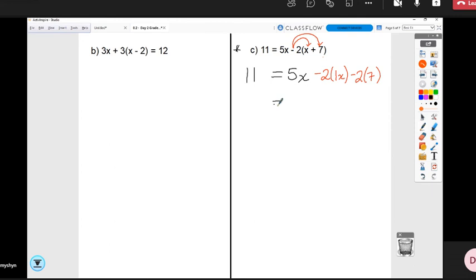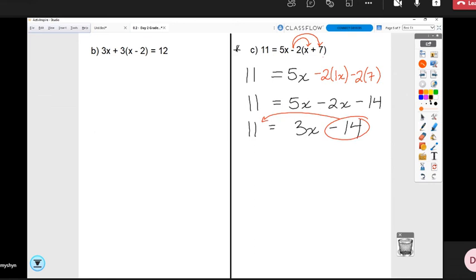So we got 11 equals 5x minus 2x minus 14. Lovely. We could tidy some things up. I see some like terms right there. 3x minus 14. Isn't that great? What we can do is now bring that minus 14 to the other side, and it's going to change from a minus 14 to a plus 14.